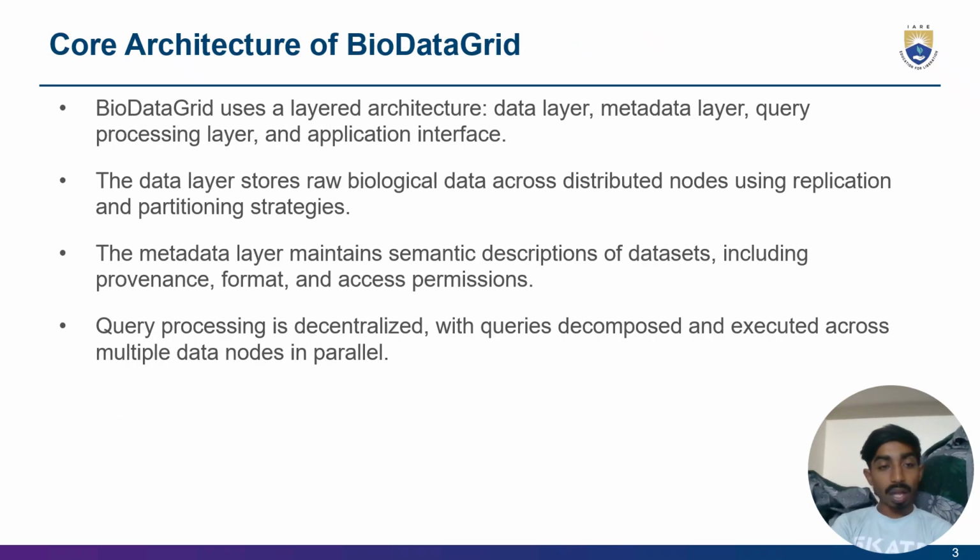Core architecture of BioData Grid. BioData Grid has a layered architecture: data layer, metadata layer, query processing layer, and application interface. The data layer stores raw biological data across distributed nodes using replication and partitioning strategies.